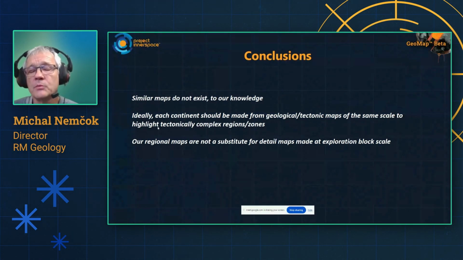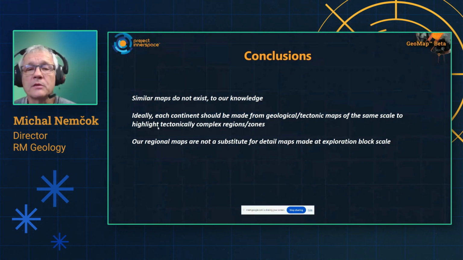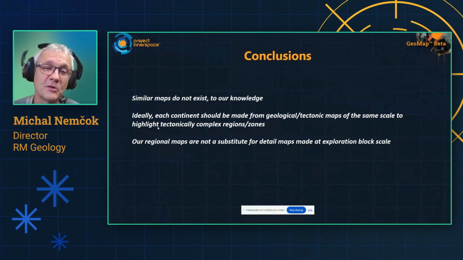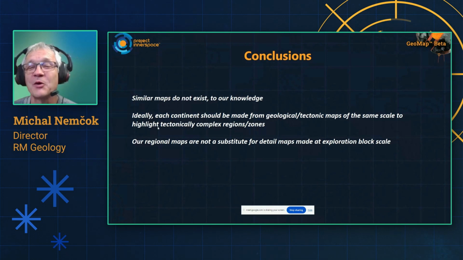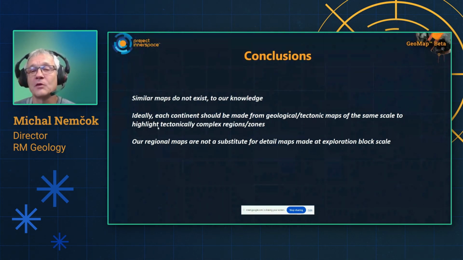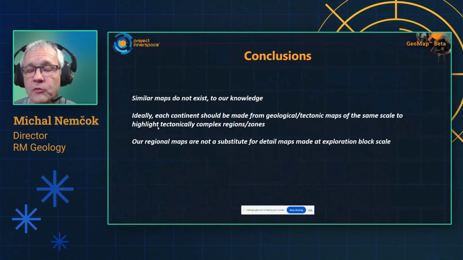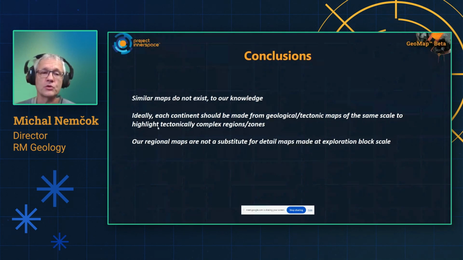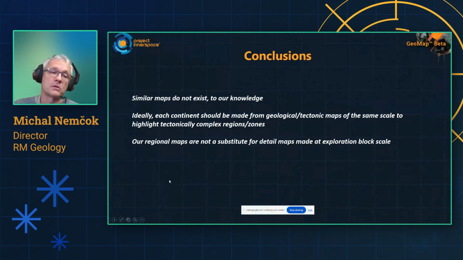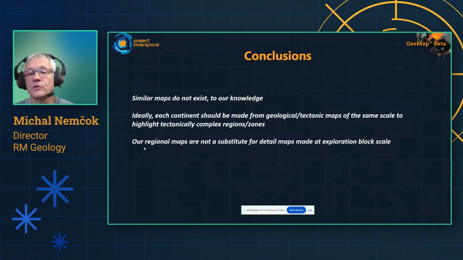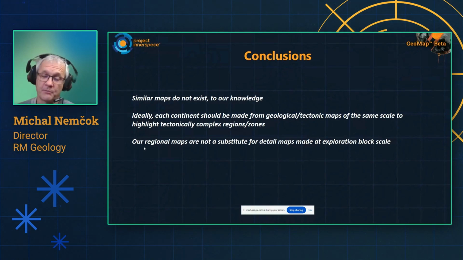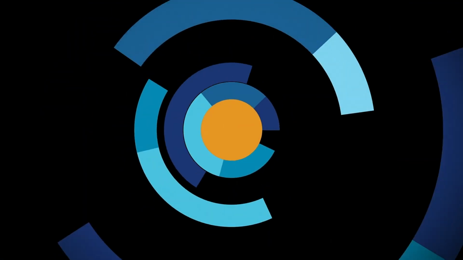So we have to keep this in mind when we interpret, and especially in your case, the North American continent, we really have to ignore lots of small-scale faults because your data set is really beautiful, but it's not really the focus of this regional approach. And a disclaimer, our regional maps are not a substitute for detailed maps made at exploration block scale. Thanks a lot for your attention.